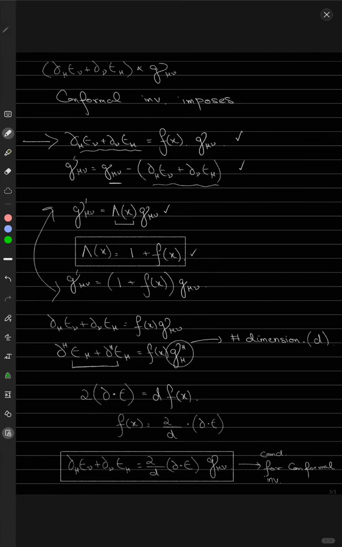And we can say that this equation implies a constraint which is imposed on this epsilon by the conformal invariance. So this equation is known as the condition for conformal invariance. It's one of the equations that talks about the condition for conformal invariance.